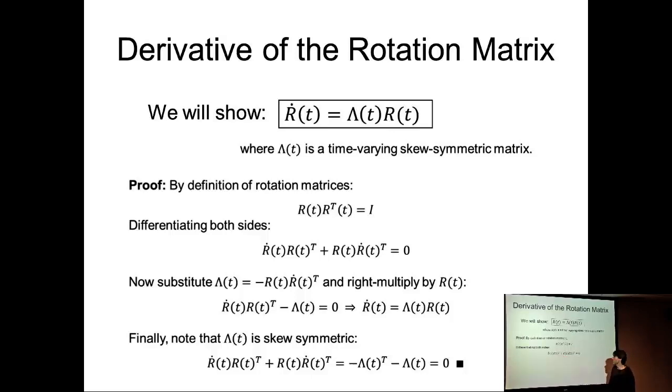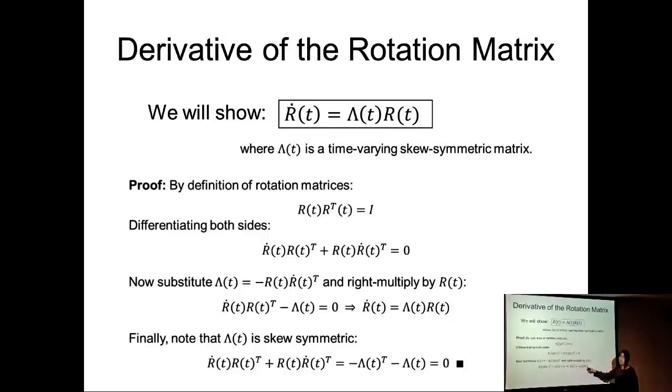Let's see how this works. Let's substitute lambda for minus R dot R transpose. So over here, this becomes a negative lambda of t. We're going to bring lambda of t to the other side of the equation, and then we're going to post-multiply by R, because remember, R transpose R is the identity element.